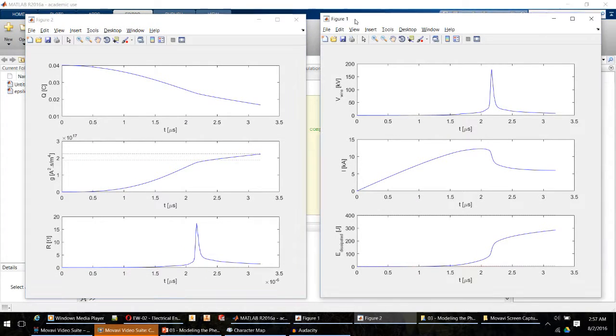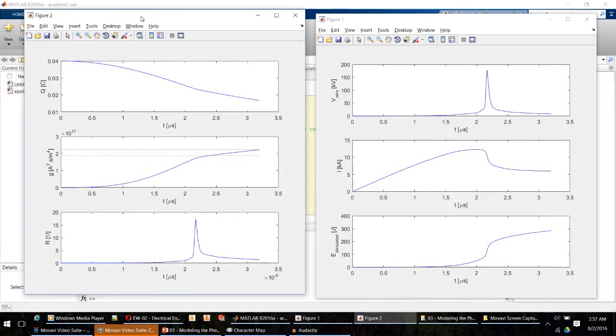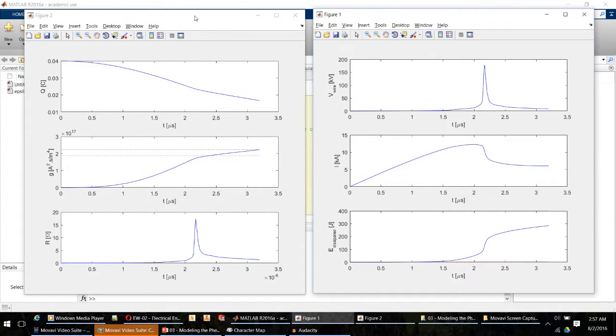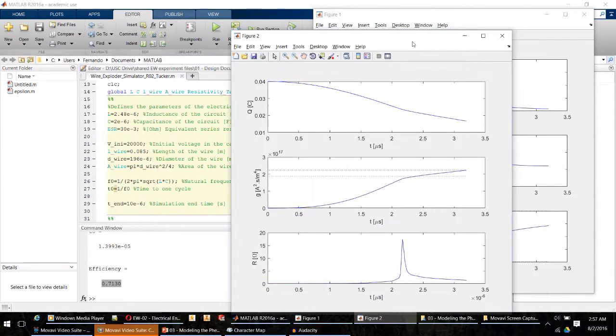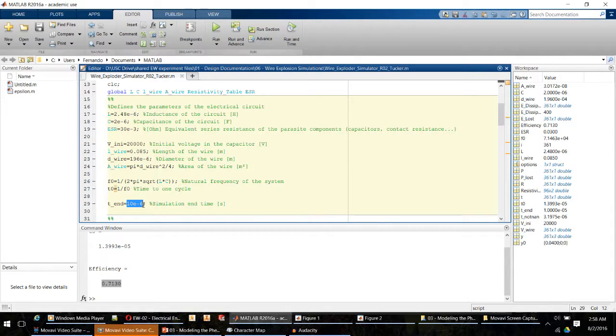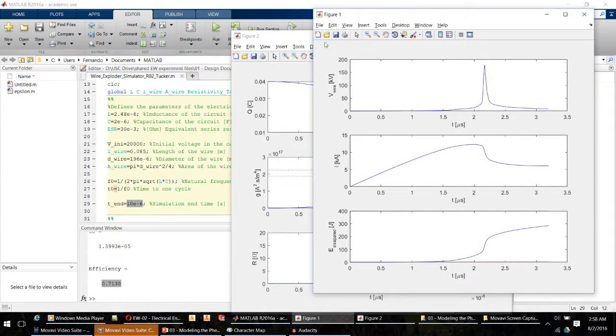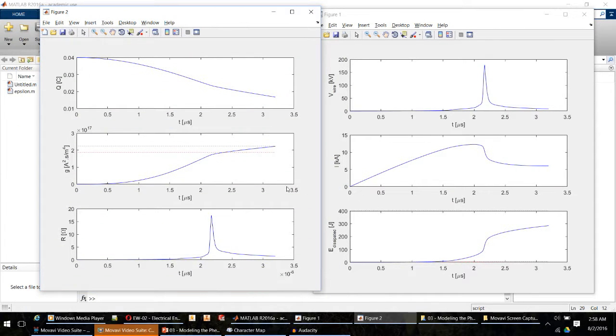I'm actually giving a guess here. We are used to orders of magnitude in the order of 30 to 20% or even less. And the efficiency here is only 0.71 because even though I wanted the simulation time to be 10 microseconds, we run out of data, so the simulator clipped at roughly 3.2 microseconds.